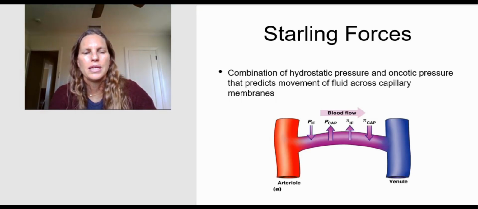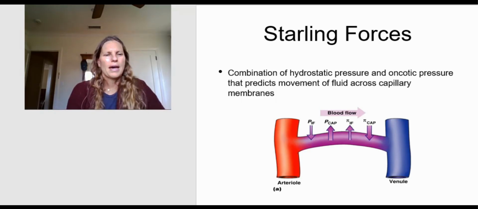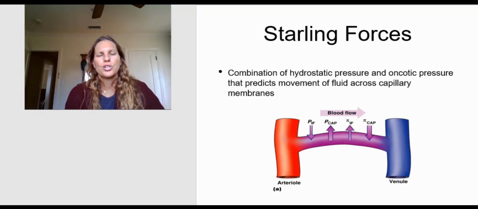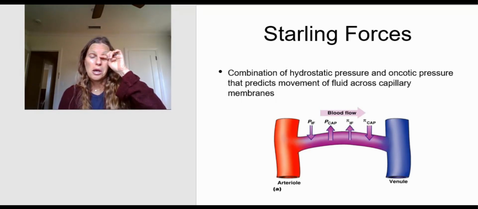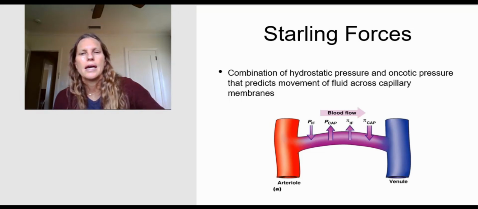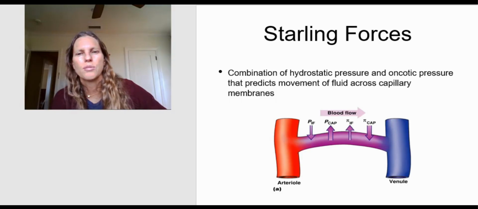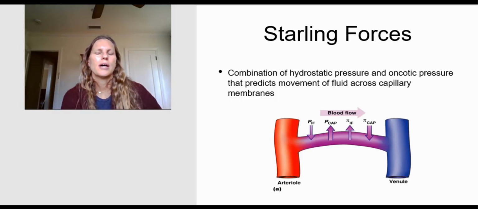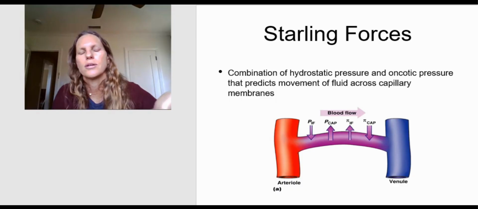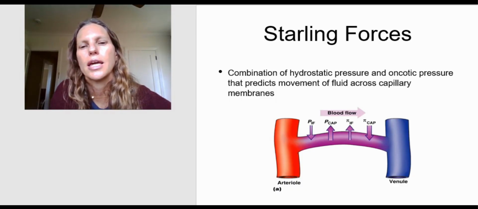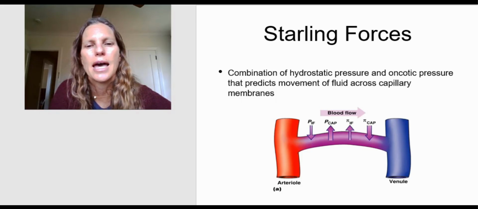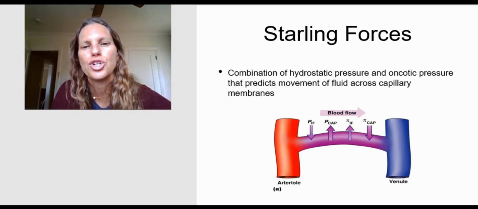So right here, PIF basically is looking at the hydrostatic pressure of the interstitial fluid. Scratch what I was just saying. This is the big arrow and this little arrow. This is telling us that because of hydrostatic forces, we are going to see more fluid pushed out on the arterial end.